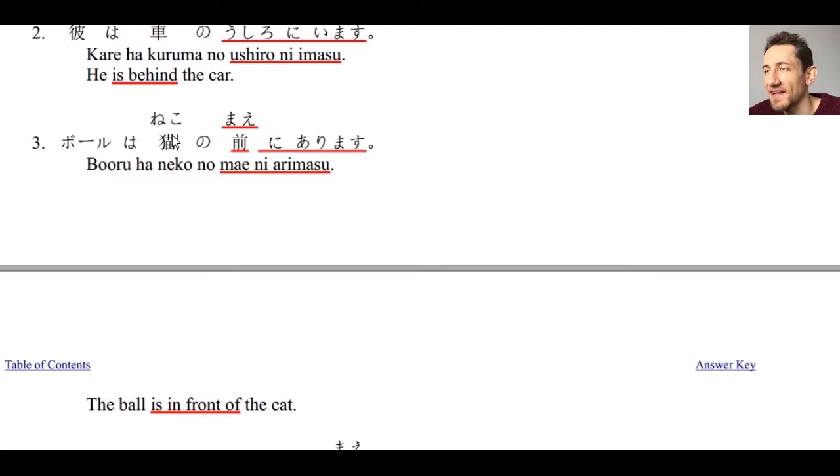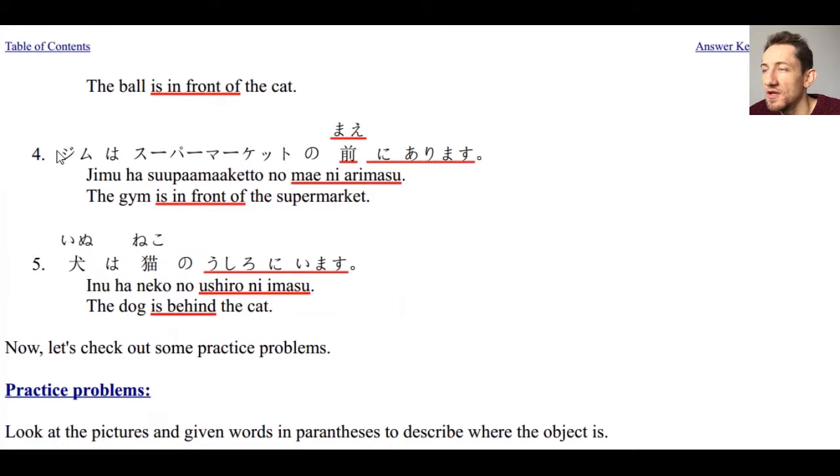So remember, even though cat is a living thing, we're describing the location of the ball, so we need to use ある.